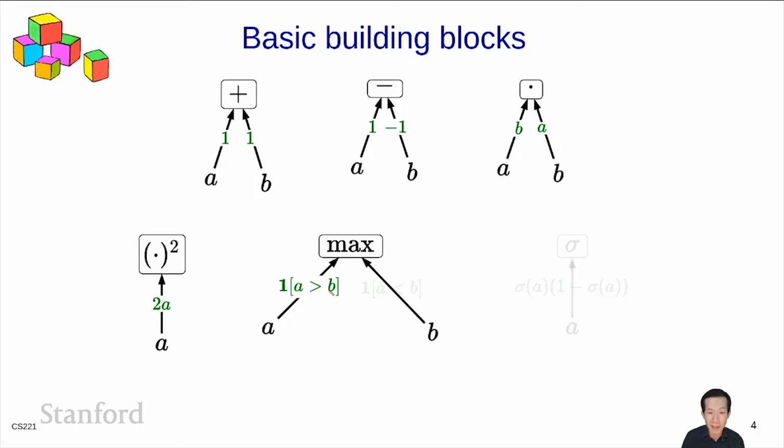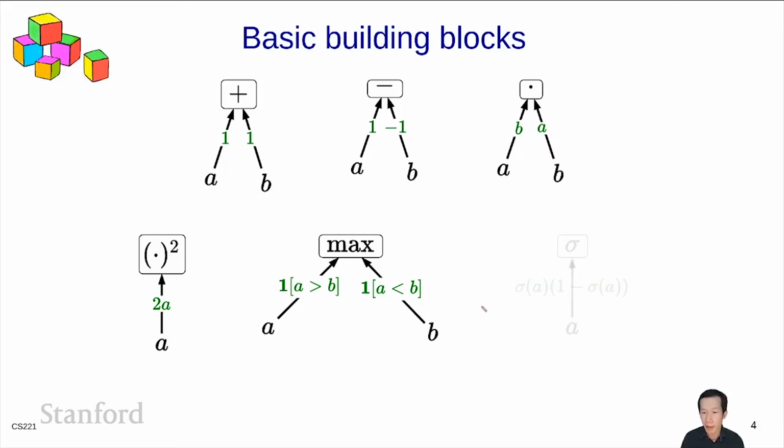But if A is less than B, then it's going to be 0, because B is going to be the max. So the gradient of the max of A and B with respect to A is the indicator function of whether A is greater than B or not. And symmetrically, the gradient with respect to B is whether B is greater than A.